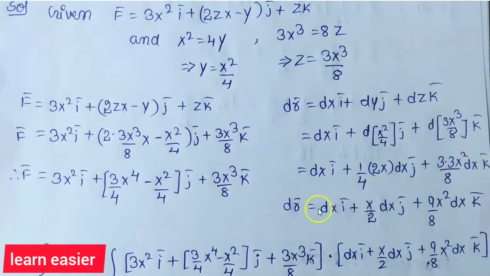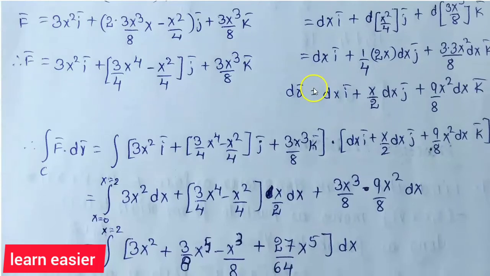So finally we got dr bar equal to dx into i bar plus x by 2 into dx into j bar plus 9 by 8, which is 3 into 3 is 9 by 8, x square into dx into k bar. So finally we got F bar in terms of x and dr bar also in terms of x.